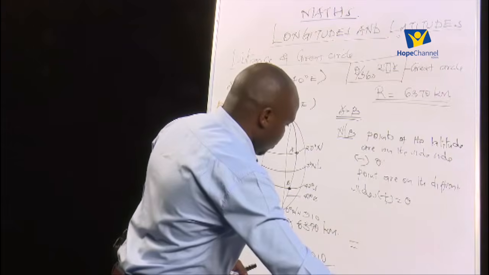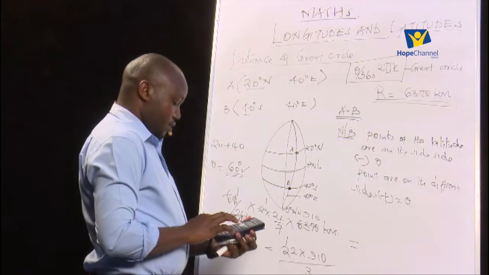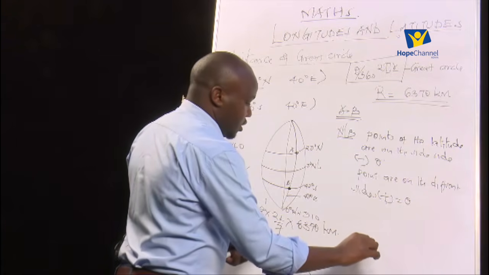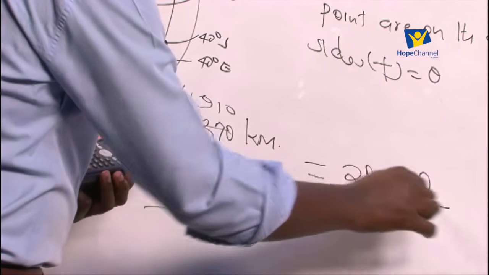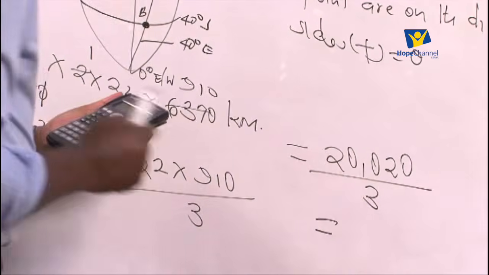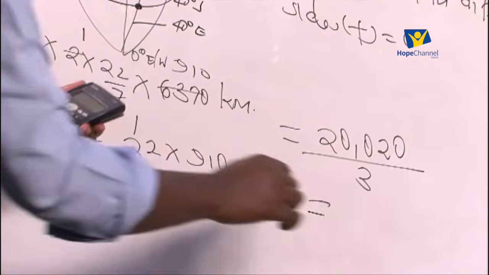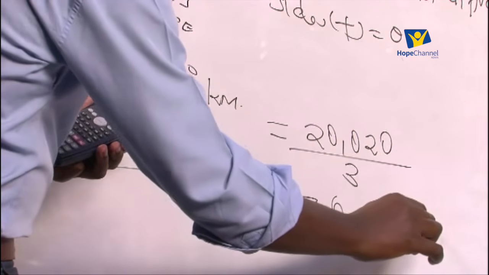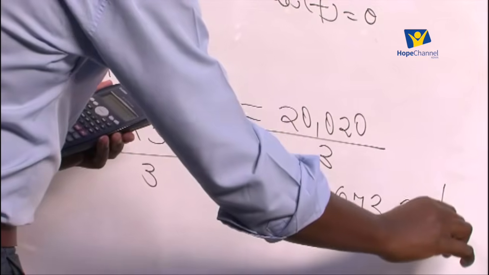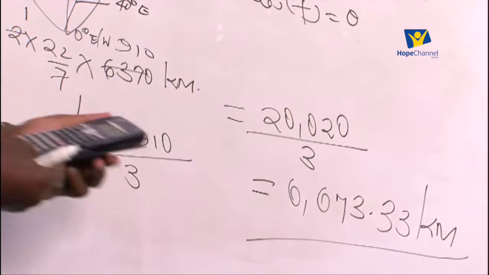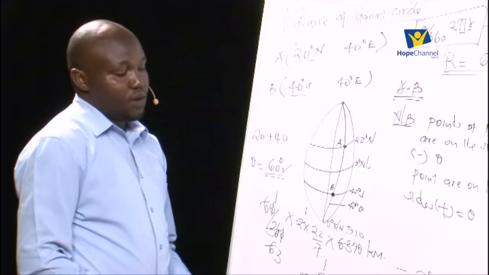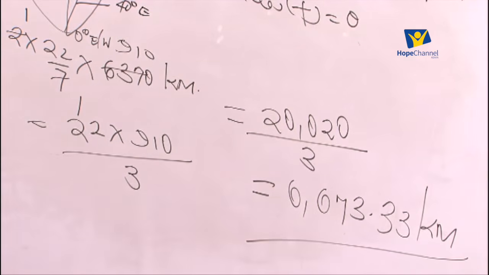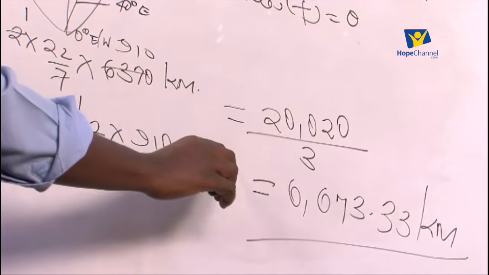What is 22 multiplied by 910? We get 20,020, then divided by 3, I'll get 6,673.33 kilometers. Remember, when you're having a decimal place, always leave your answer at least to 2 decimal places to get the correct answer. Now, this is the distance between A and B.